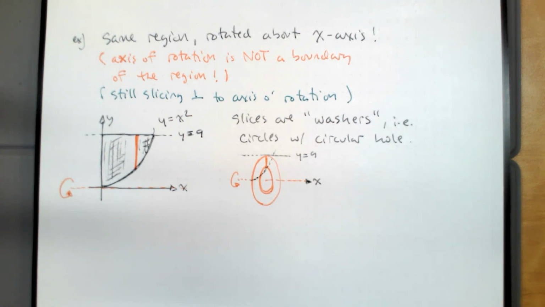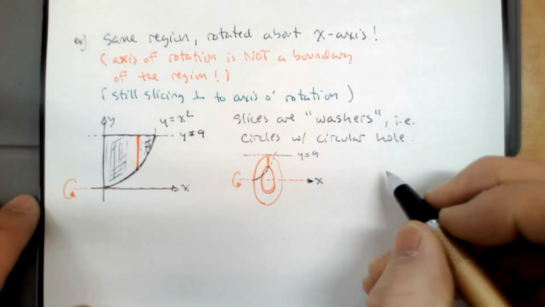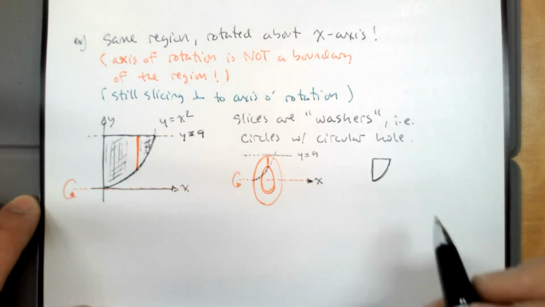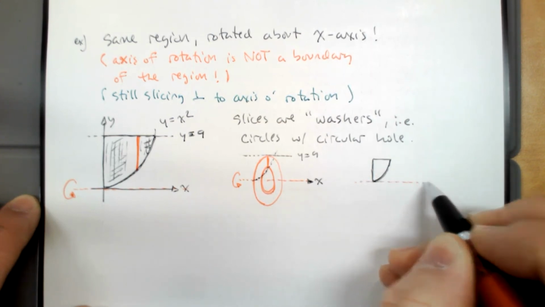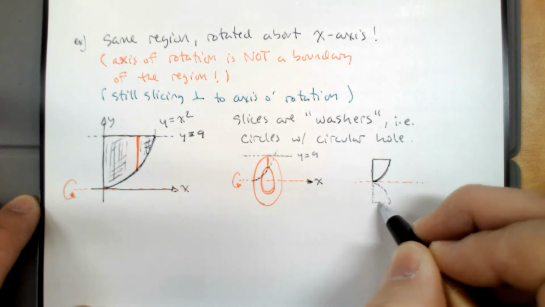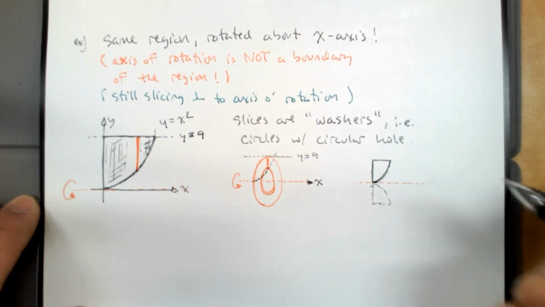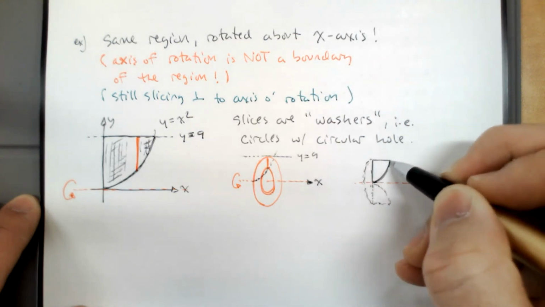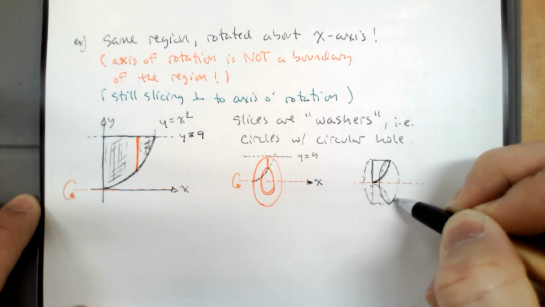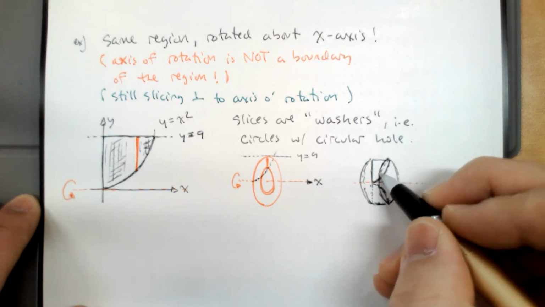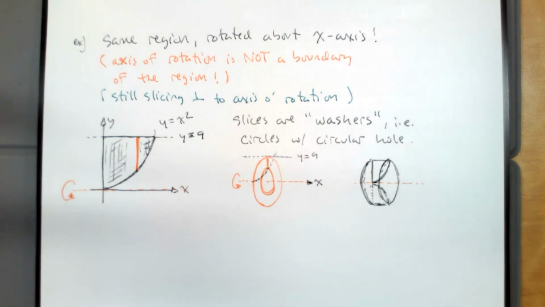We're going to have a solid with a hole in it. So notice on the outside, we're taking this cylinder and we're just drilling this hole going down to the center of it.